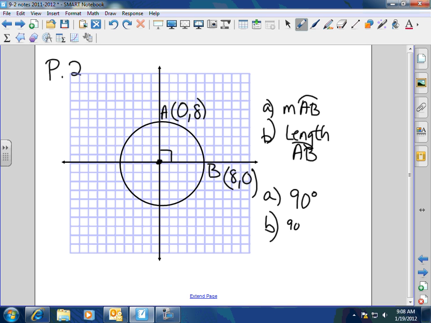Central angle over 360 times 2 pi r, the circumference, exactly. So it'd be 16 pi. Let's go ahead and reduce this. That's 1/4 times 16 pi. So that would be 4 pi units.